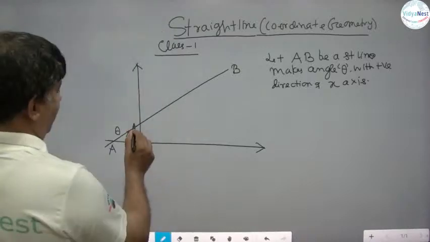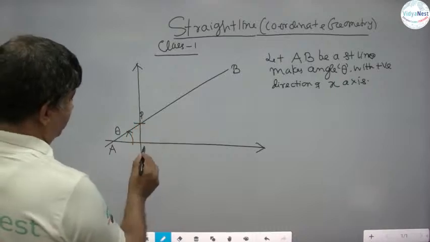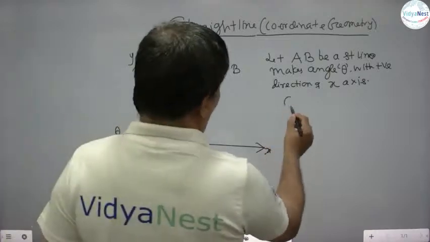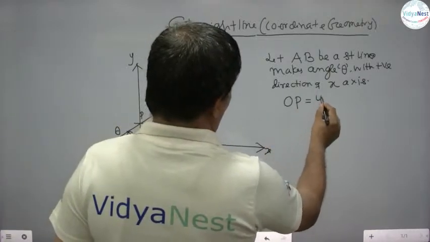Now this point, say P, this is x-axis, this is y-axis. OP is called y-intercept.